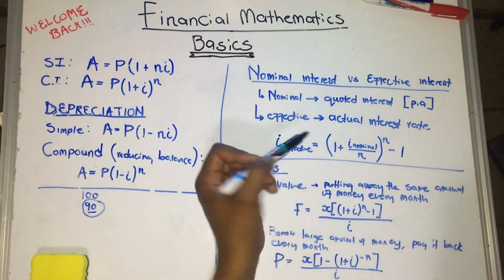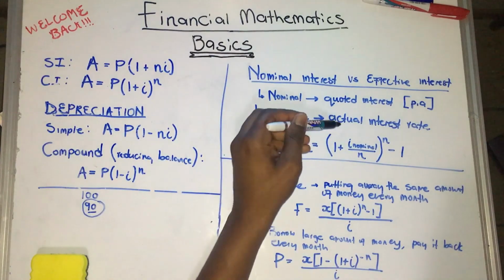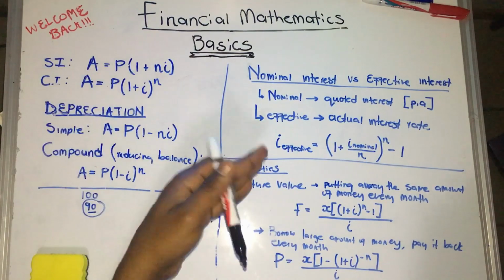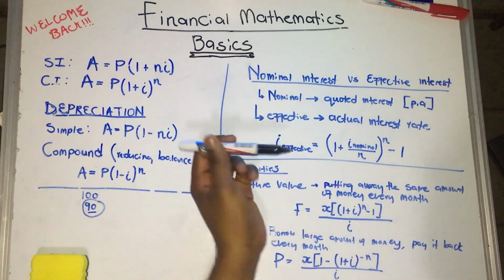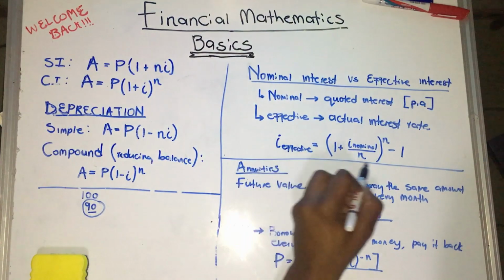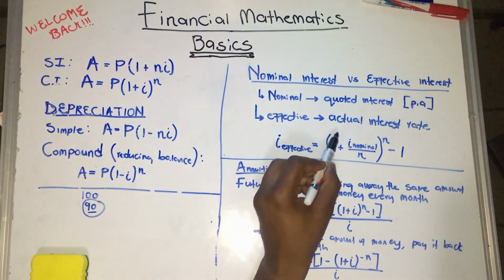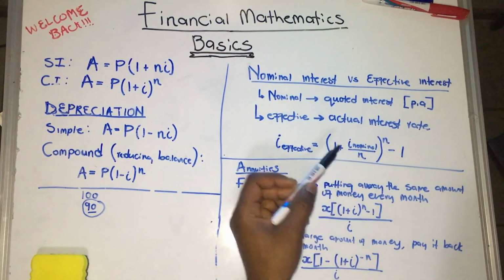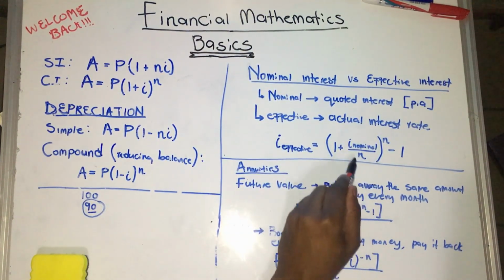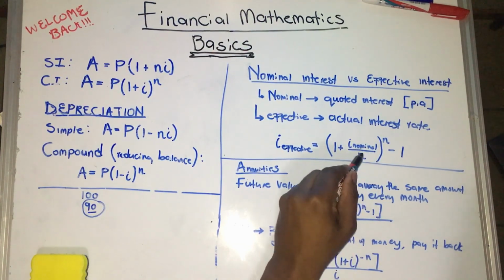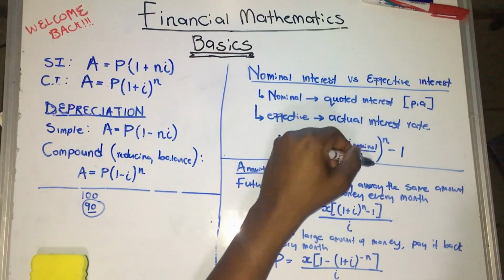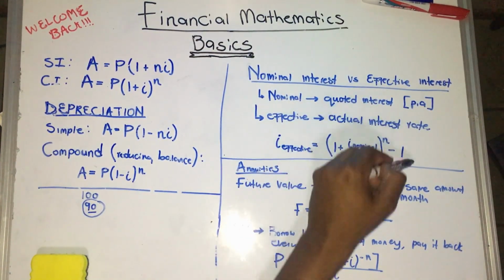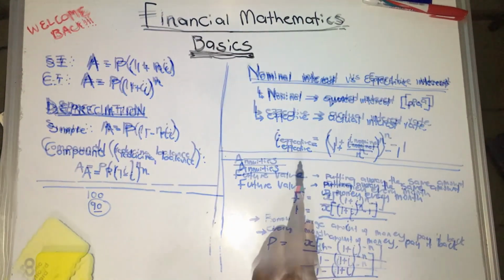If we have, I'll just say 10% again, a nominal interest of 10%, which is what they are quoting us for a particular loan or vehicle finance, we can calculate the effective interest rate by using this formula, which is simply 1 plus the nominal interest rate over the number of compounding periods in that particular year, and then we raise all this to the power of those number of compounding periods and then minus 1. So this gives us the effective interest rate.